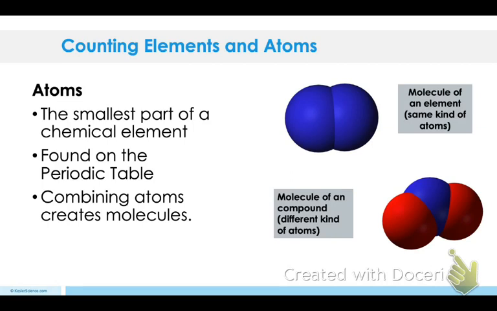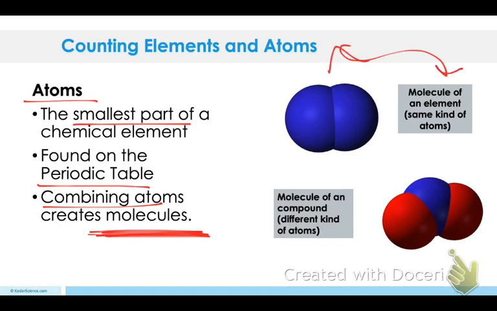Alright, so an atom is the smallest part of a chemical element. It is found on the periodic table. Combining atoms creates molecules, so make sure that you have that information written down. This is a molecule of an element. There are 2 atoms here, if you can't see, but they're kind of together.